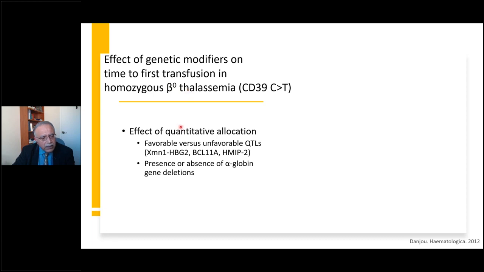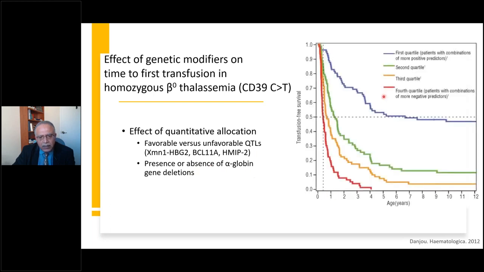What they looked at was the effect of how many favorable characteristics, either as hemoglobin F QTLs or the deletion of alpha globin genes, were present. This study demonstrated convincingly that the distribution of these favorable quantitative traits determines the severity of anemia and when transfusions are initiated after birth.